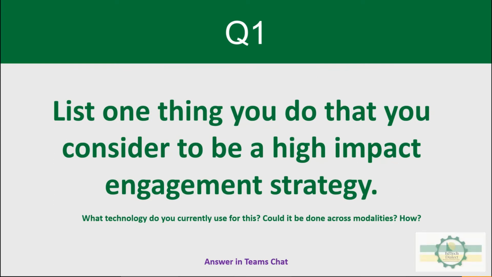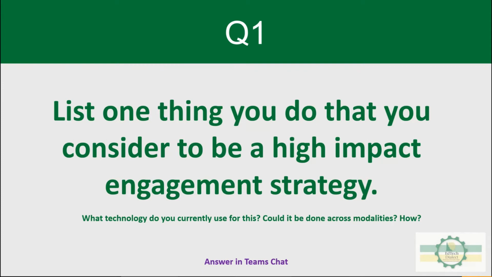The first thing I want you to do is pop in the Teams chat and list one thing you do that you consider to be a high impact engagement strategy. If you haven't done this, you can list what you have witnessed or been a part of that you thought an instructor did a really nice job of. Maybe you visited a classroom and saw one of your peers doing something that really engaged the students. Share it.